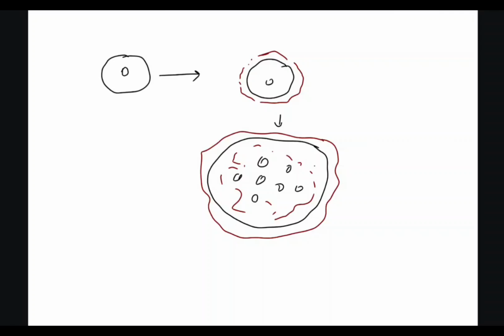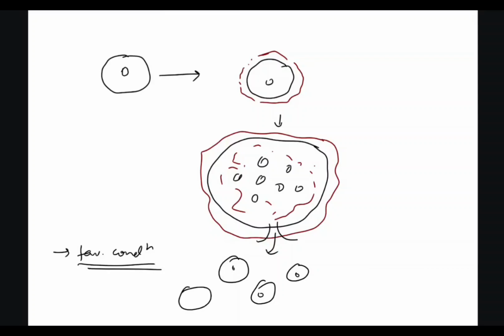Now, when the favorable condition returns, the cyst will break down and the offsprings will be released. As a result, there will be multiple cells. So from one cell, we have multiple cells, and hence the name multiple fission, right?